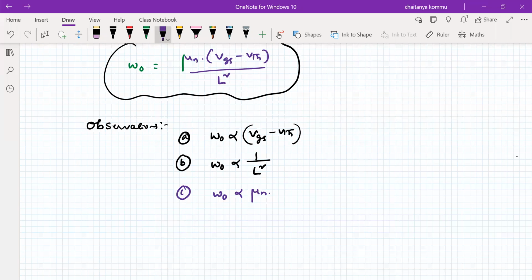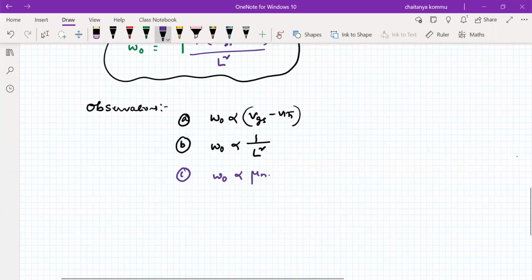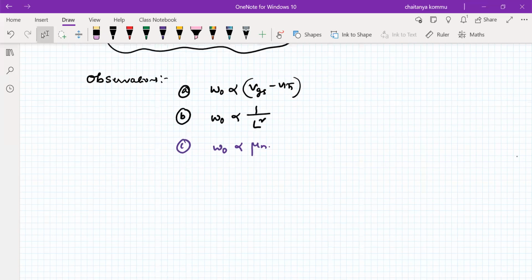But when it comes to calculating the exact current values, mobility is not constant in the transistor. So let us see what the dependencies of the mobility in the transistor are.